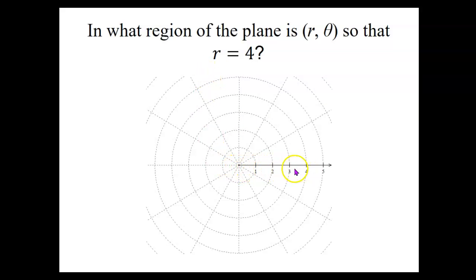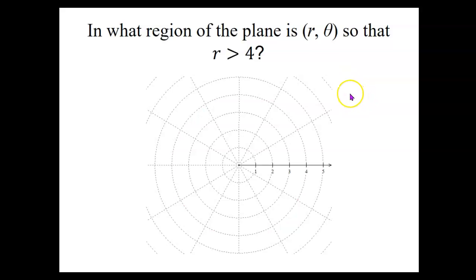So if we're 4 units away from the pole in any direction, that puts us on this circle here. So all the points on this circle of radius 4 centered at the pole are all the points that have their r coordinate equal to 4, and then theta can be whatever it wants to be.